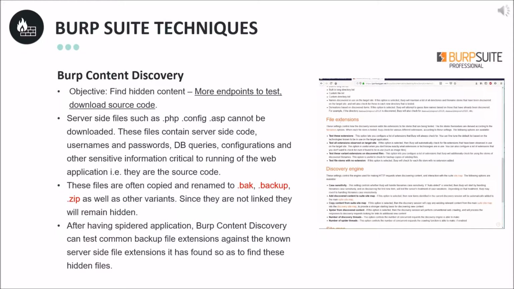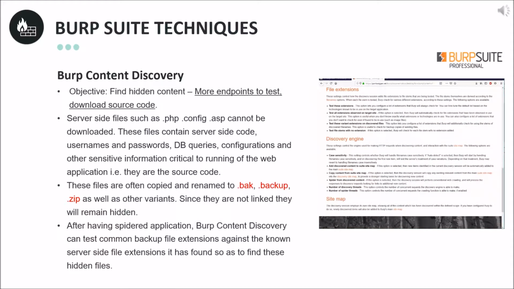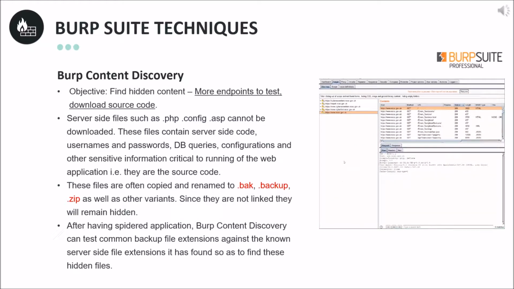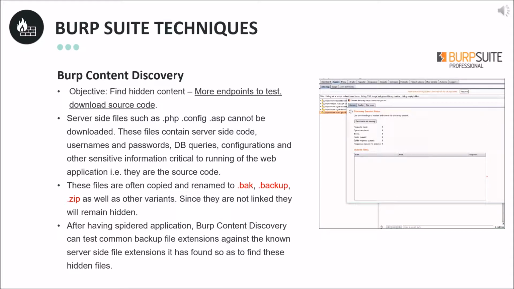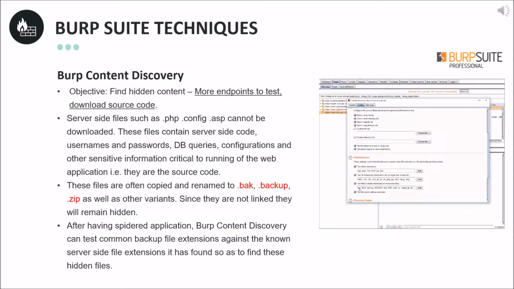Now, Burp spidering, scanning, as well as manually going through the application with Burp proxy mapping enabled, does a great job in finding large parts of the application. What content discovery does, and it's a feature found in engagement tools, is that we can find hidden files and content and therefore increase our attack surface.